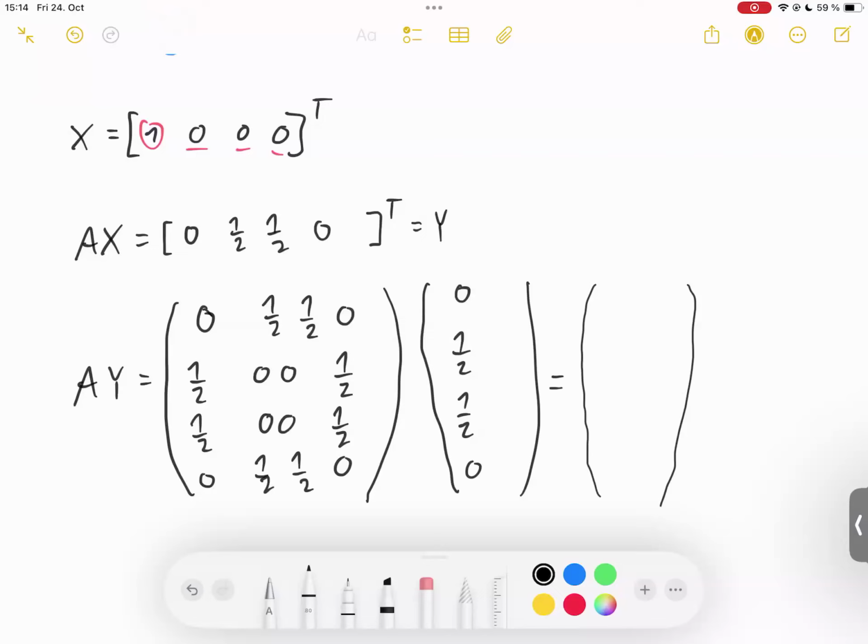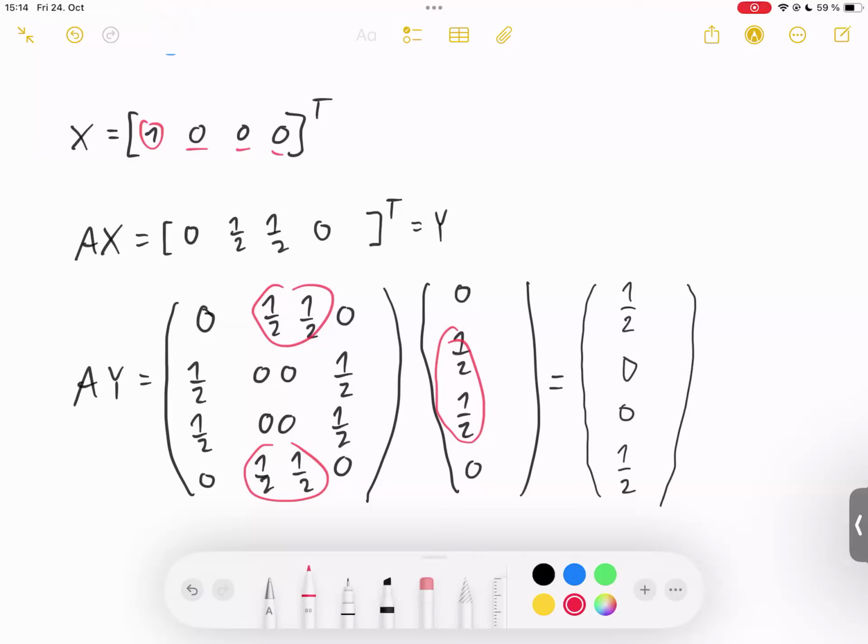And what we got is a half, 0, 0, and a half, and that's correct. Fairly easy to calculate because we have these two entries here and they only match here, and then it's a fourth plus a fourth, which is 2/4 or a half for the first and the last entry, and otherwise we just match with the zeros.